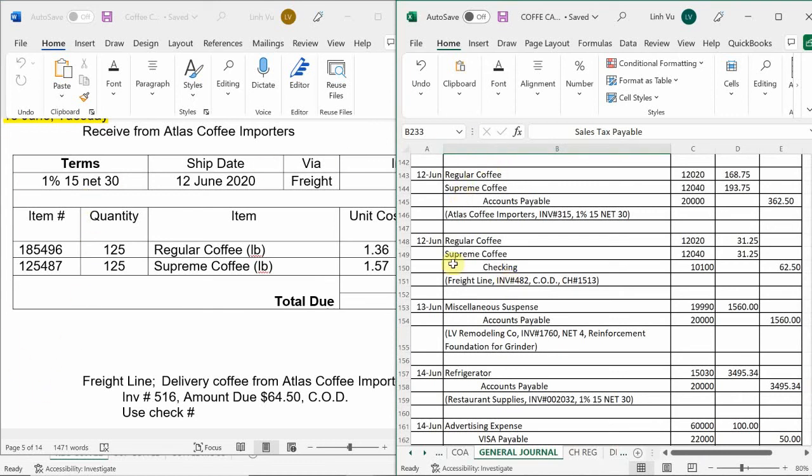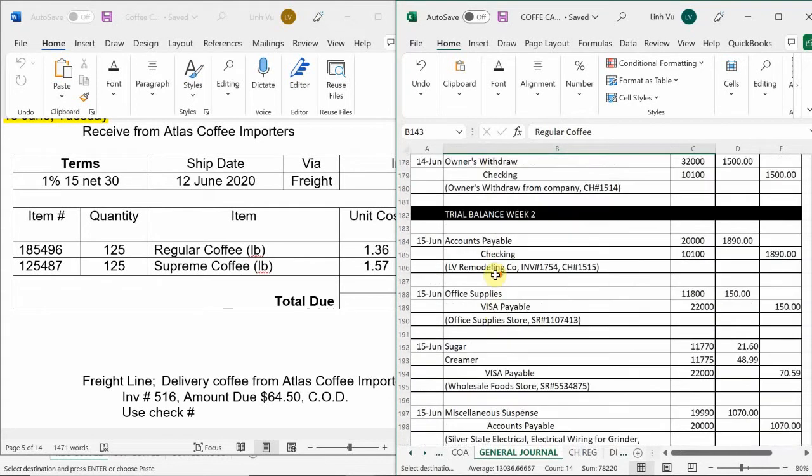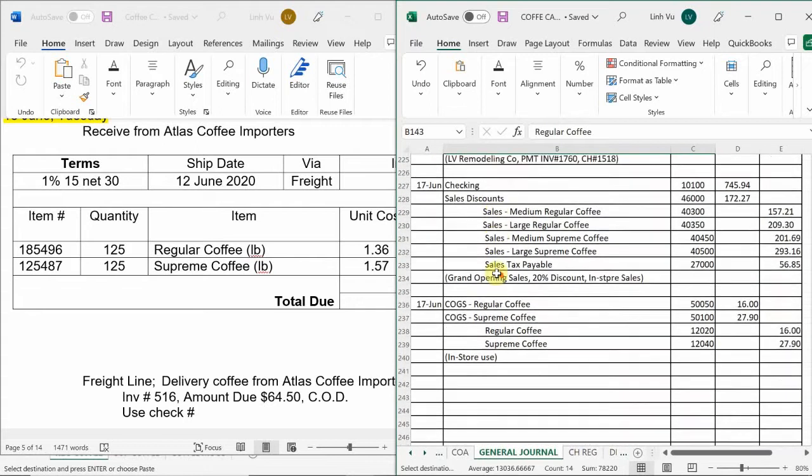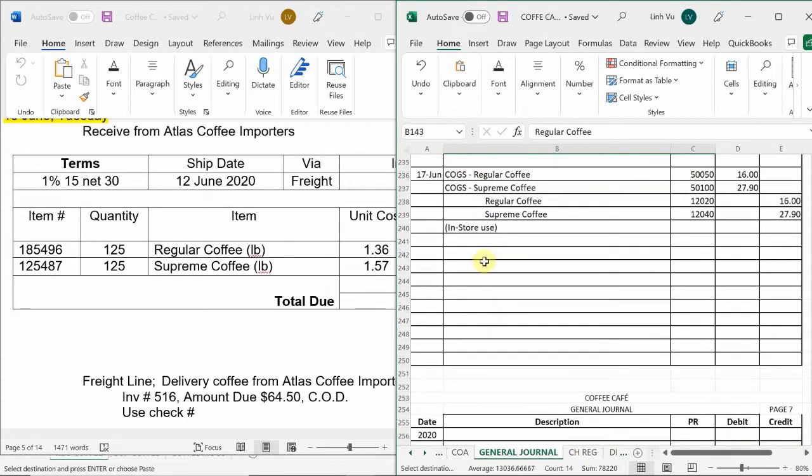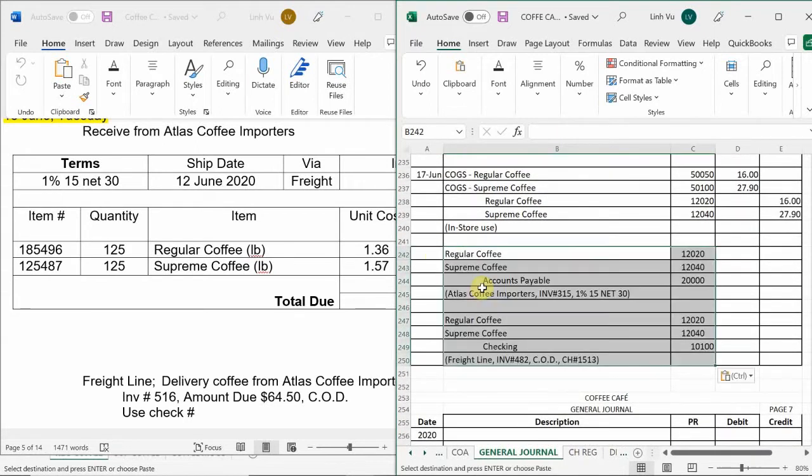So I've located a transaction that we have already done. We've already had inventory on the 12th, so I've already found it. And what I'm going to do is copy and paste this, because this is what I mean by saving you some time. It does take time to look up that transaction, but again, I found it and all I have to do is copy and paste it.